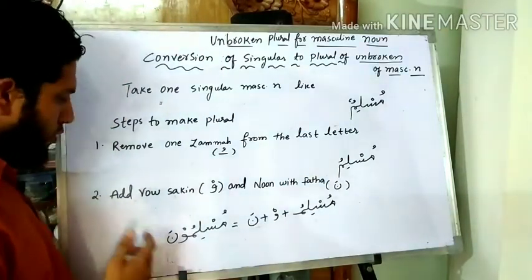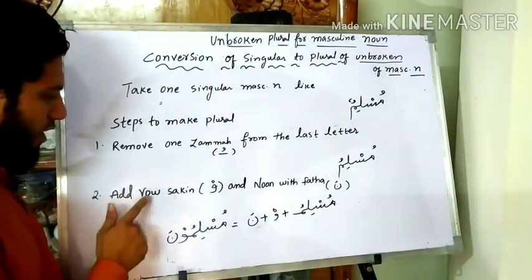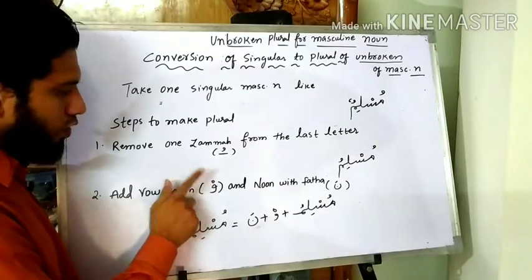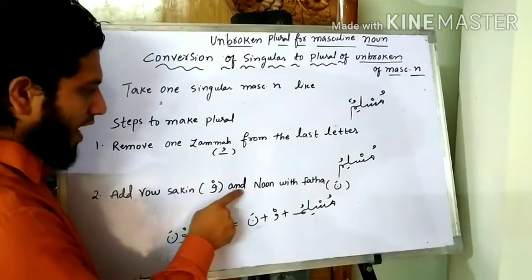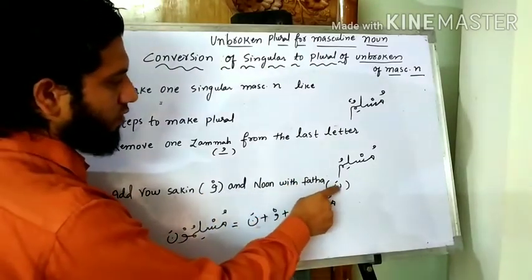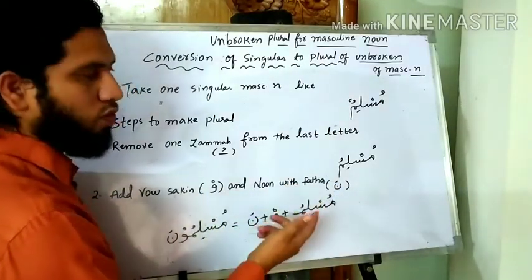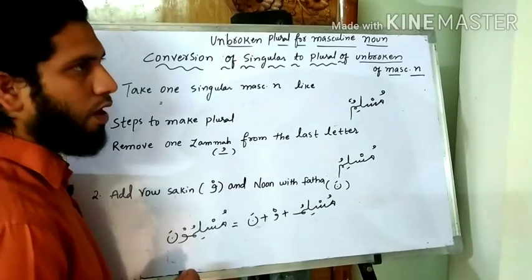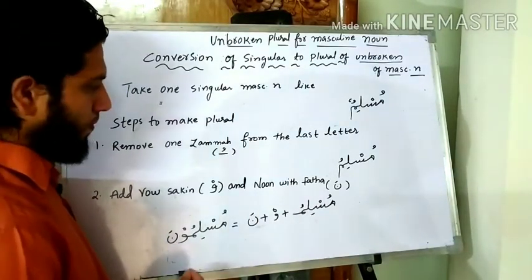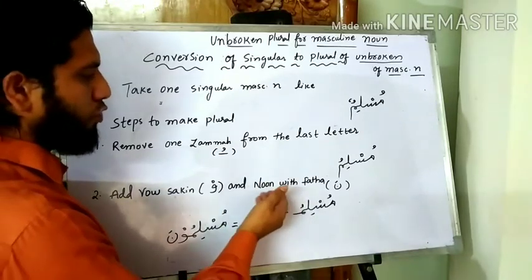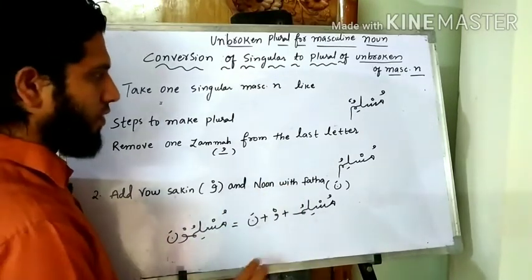Then the second step is to add waw sakin. Waw with sukun is called waw sakin. You have to add waw sakin and noon with fatha, also called noon maftuh. Generally, you should remember this noon with fatha.